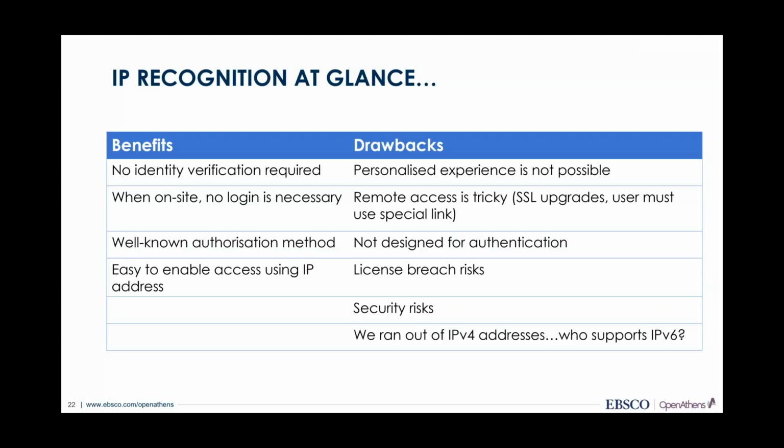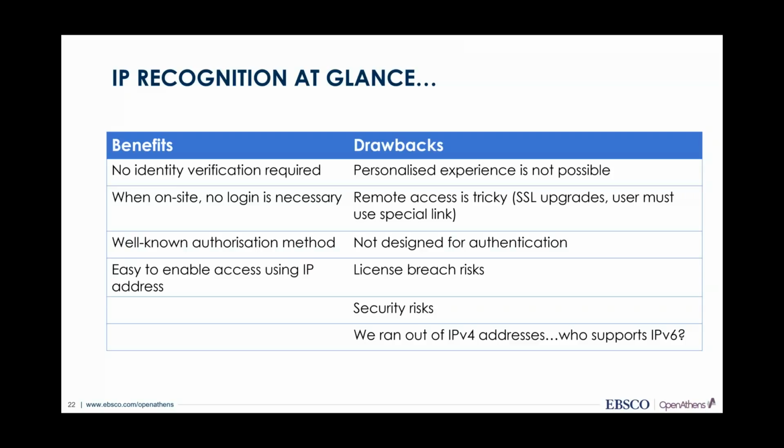It is easy to not have any login when being on site if you still have static IP addresses, but remote access is getting trickier, and that is due to SSL upgrades, which means that publishers are strengthening their web security. Users have to use a special link to get into the resource. They cannot just go to the website and find their institution.